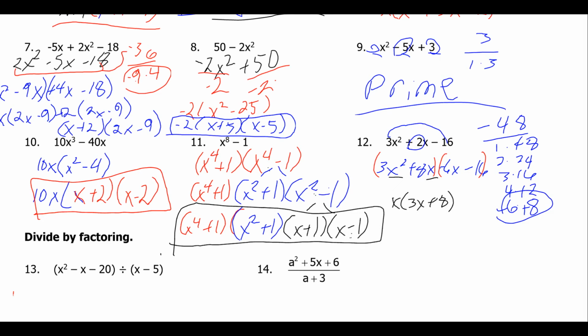And then on the second piece, I can pull out a negative 2. So minus 2 on the outside of 3x plus 8. So my final answer for this one should be x minus 2 and 3x plus 8. Alright.